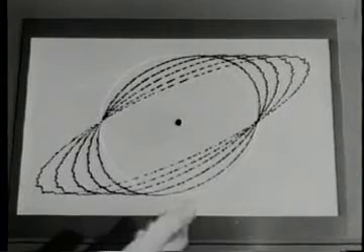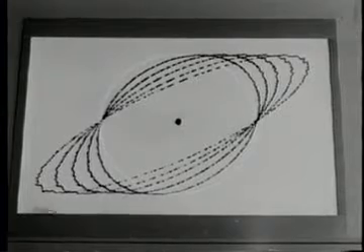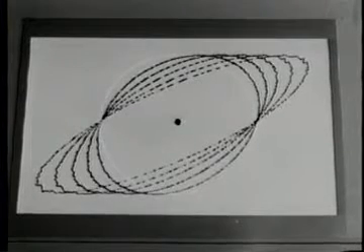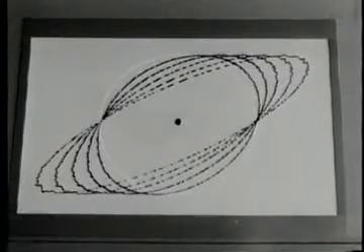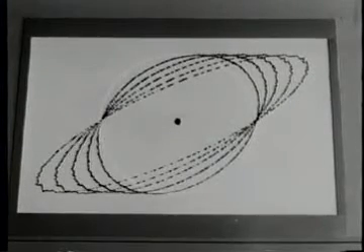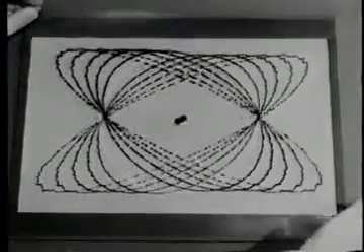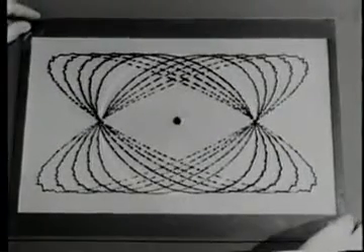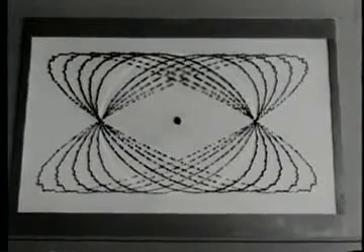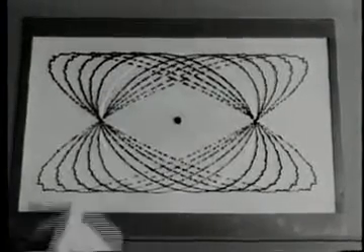I can form the reciprocal strain ellipses corresponding to each of these instants in our flow by just flipping the picture over. And I have such a transparency here. You can see that as the strain ellipse has been rotating one way, the reciprocal strain ellipse has been rotating the other way.